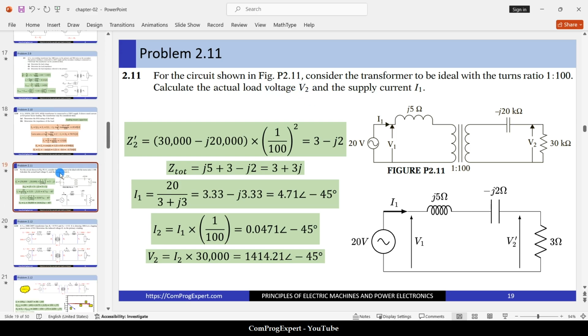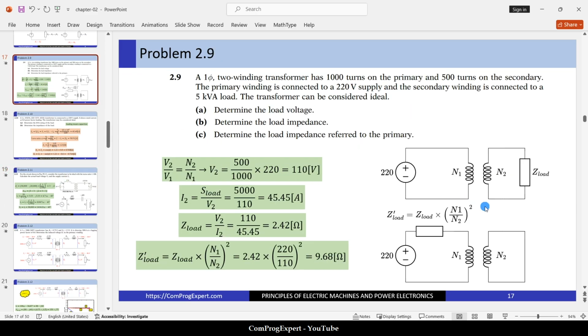Yes. How can we transfer the impedance, right? Here we had the case for problem 9 where we referred the load impedance from the secondary to the primary. This was the equation.